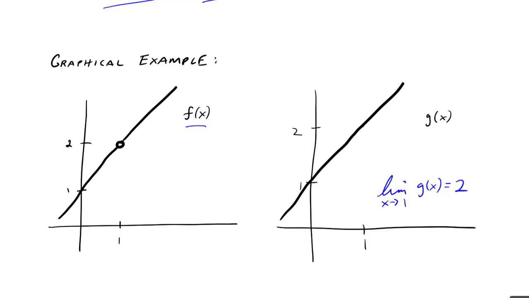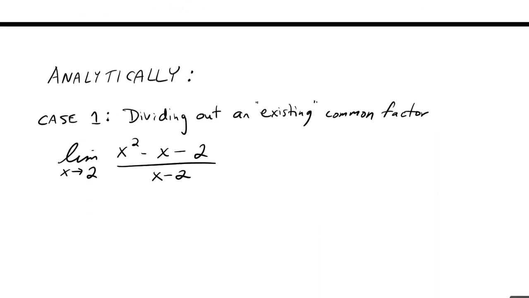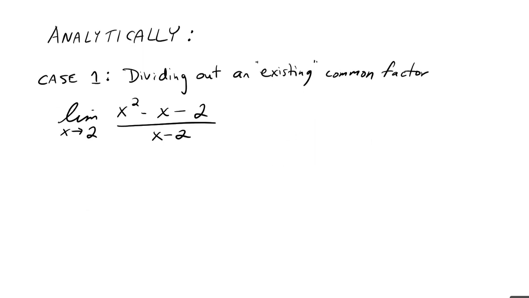And then I would be able to go over here, and because f of x is the same function, except it only differs at the point of interest, the limit of f of x is going to be 2 as well. So again, this doesn't seem like a big deal right now because we're just looking graphically, but this is really what we're going to be doing as we move forward and talk about how we actually calculate these analytically, so just looking at the function and not the graph.